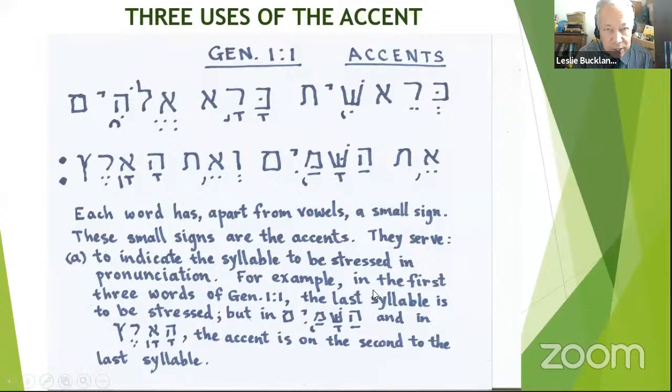Okay, let us look at the Hebrew Bible itself. Bereshith, that's in the beginning. Bara, created. Elohim, God. In the beginning, God created. Now notice at the end of this first line, you have the accent mark Athnak, a punctuation mark, dividing the verse into two logical parts. This is the first part, and this is the second part.